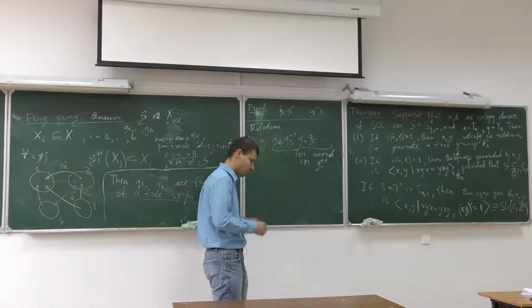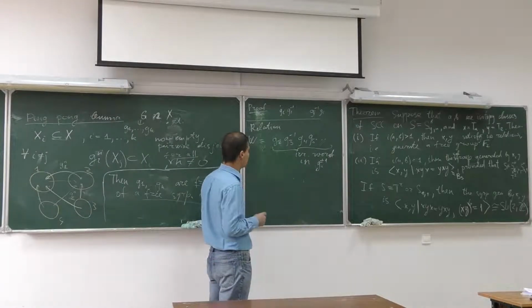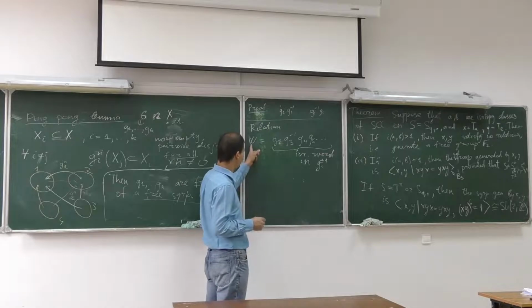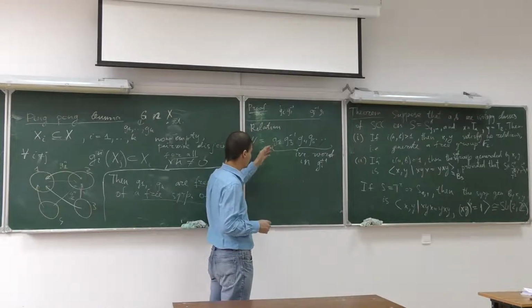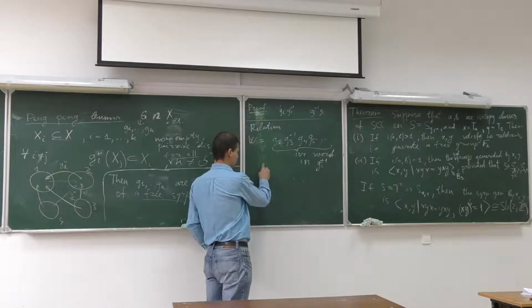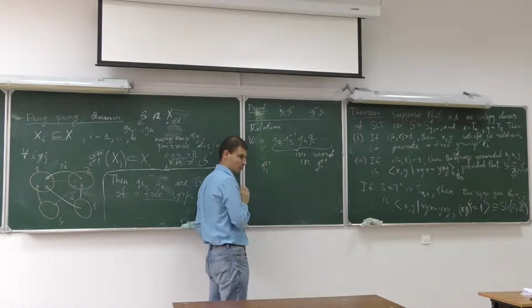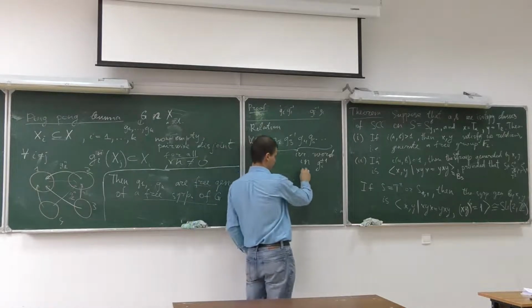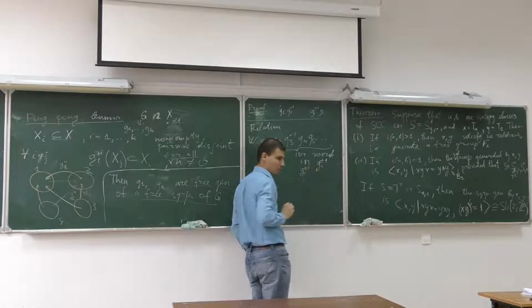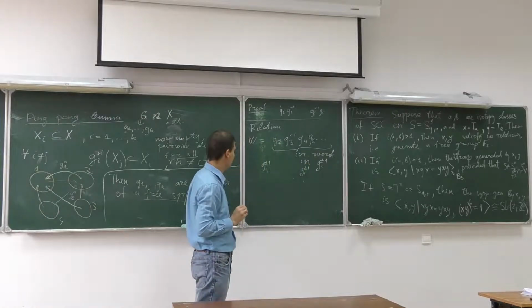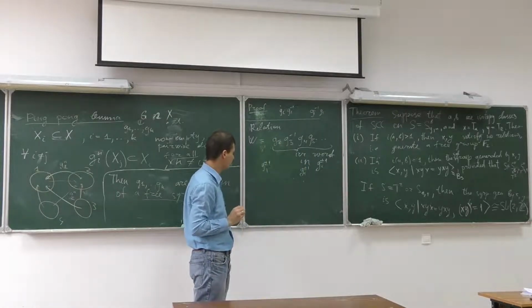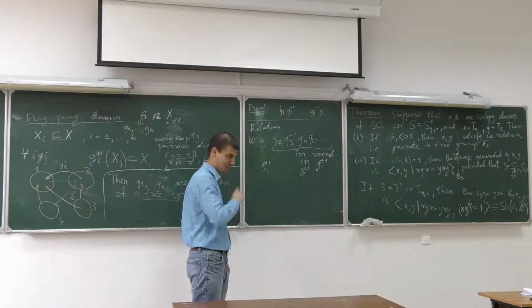Why? We have several cases. Okay, if W already starts with G1 to the power plus or minus 1, and ends with some power of G1, then okay, we already have it.